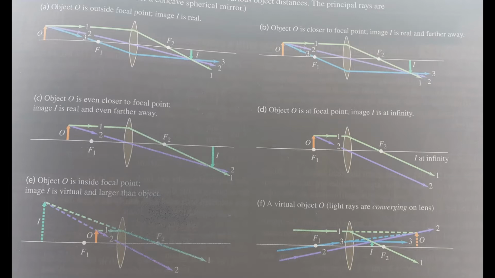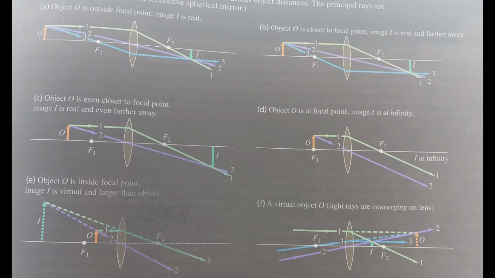Image D is when the object O is at the focal point, and that is where the image is at infinity. If you look at the purple lines and the green lines, they're parallel, so they don't meet, and therefore the image is at infinity. And if you look at E, the object O is inside the focal point.